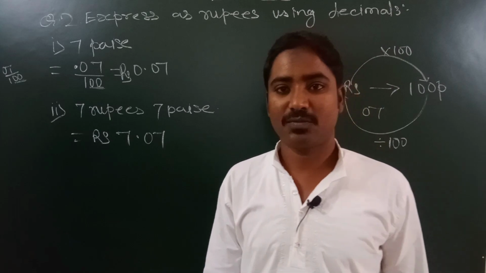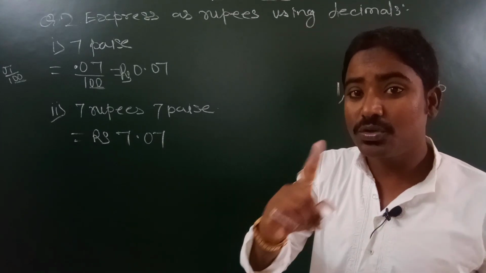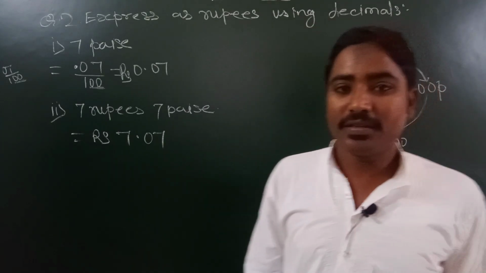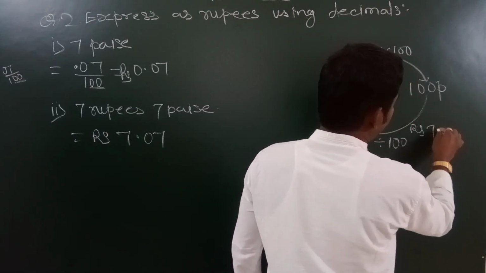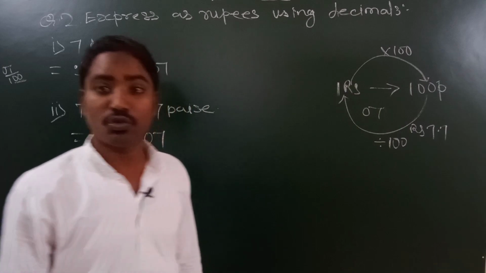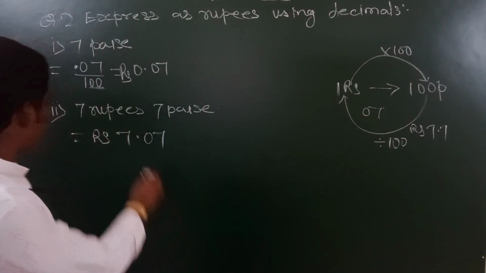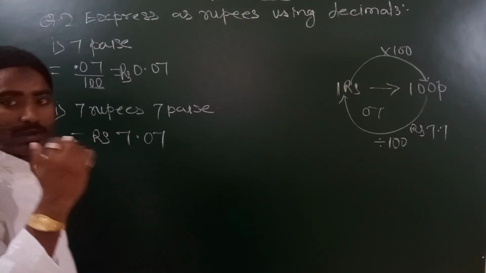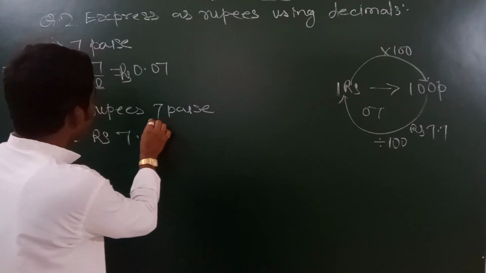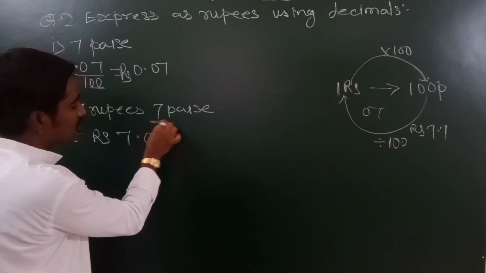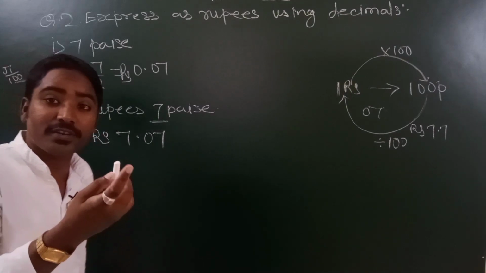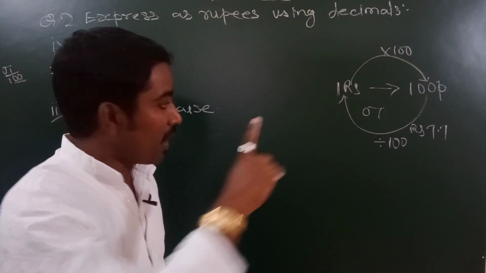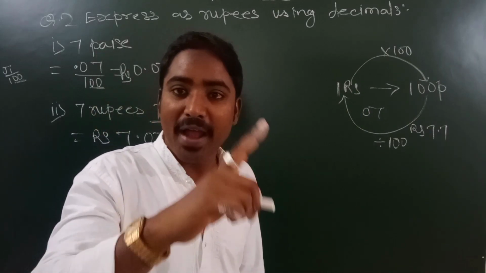Now here students make a mistake: they write rupees 7.7. No, see, here we have 7 already given in rupees. Now if you convert this 7 paise, as we converted in the previous question, do you get 0.7 or 0.07?